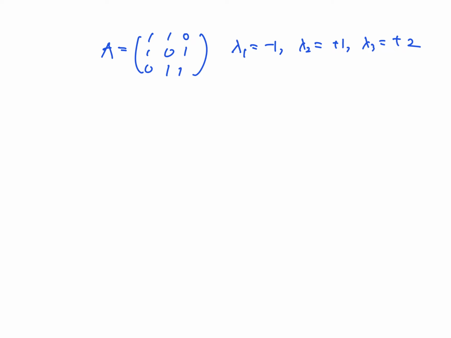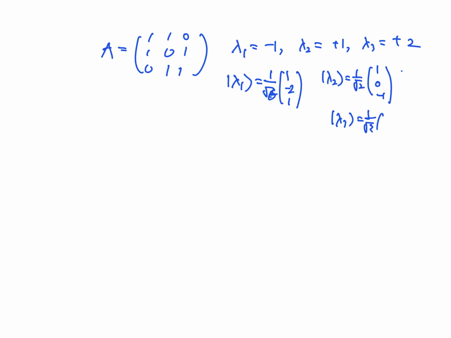And associated eigenvectors are: lambda 1 was apparently 1 over square root of 6, (1, minus 2, 1). Lambda 2 was 1 over square root of 2, (1, 0, minus 1). Was it? And lambda 3, 1 over square root of 3, (1, 1, 1).